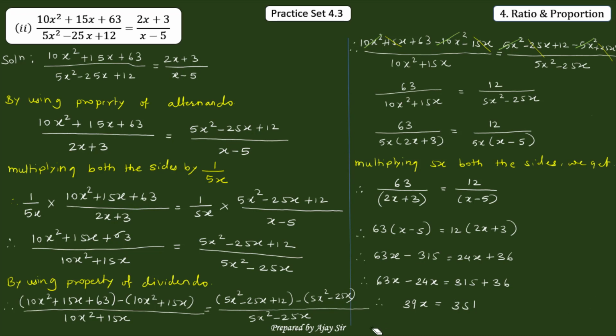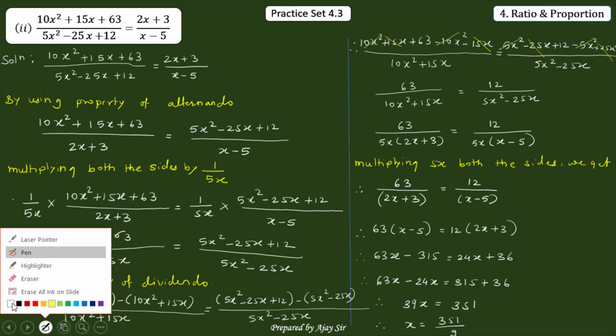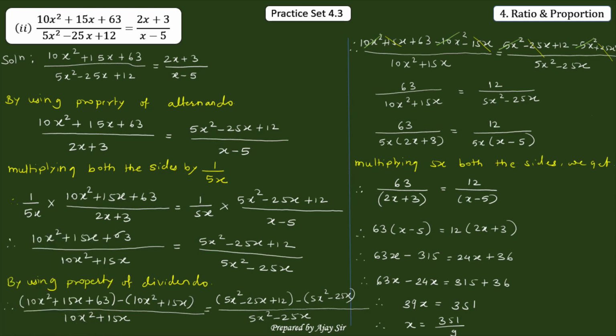Now let us write this. Therefore x is equal to 351 divided by 39. Here you know that 39 into 9, if you multiply, is 351: 9 9s are 81, 9 3s are 27 plus 8, this is 351.